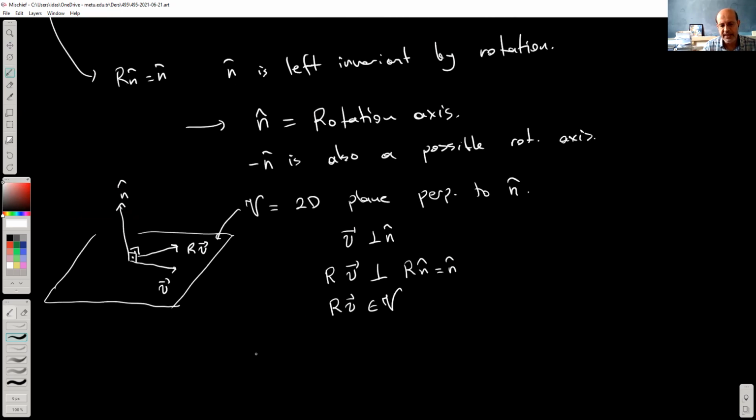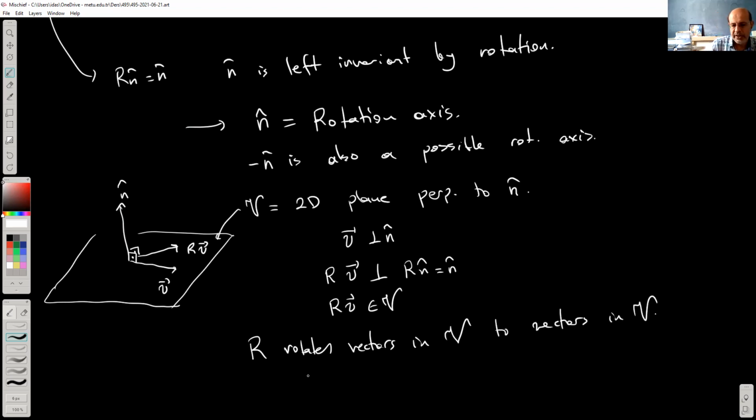So R rotates vectors in V to vectors in V. From that point on, you can think of this as a rotation like the SO2 rotations within that plane.